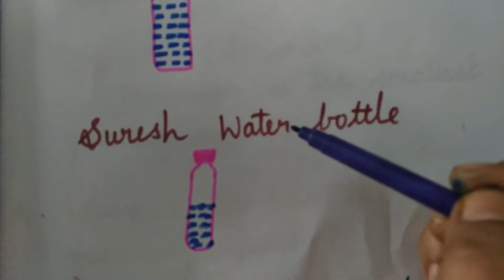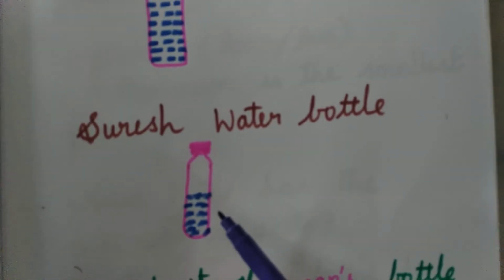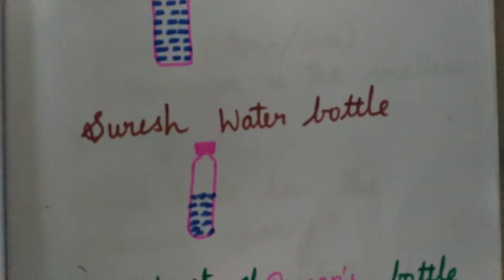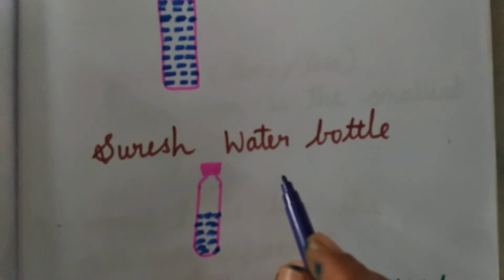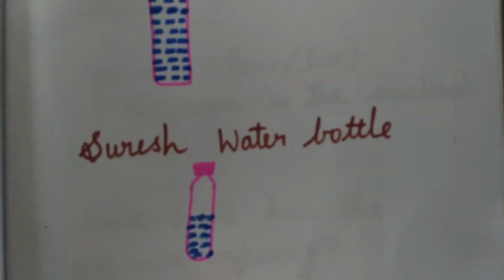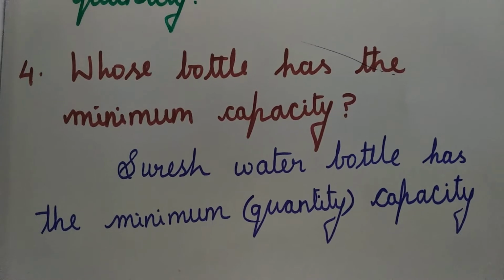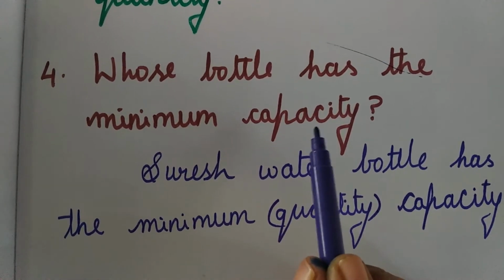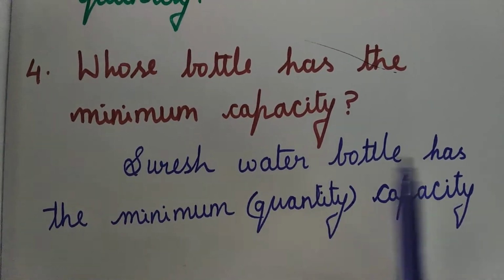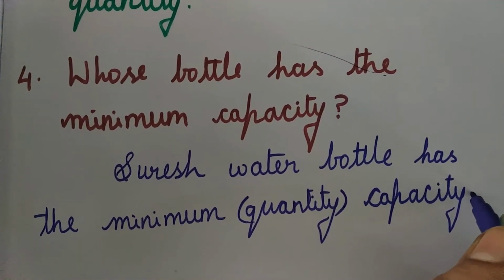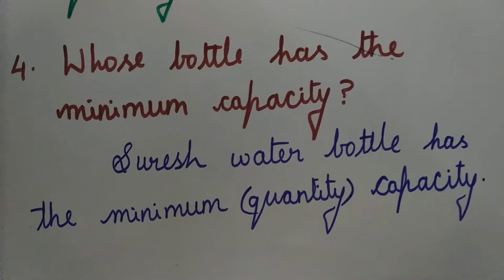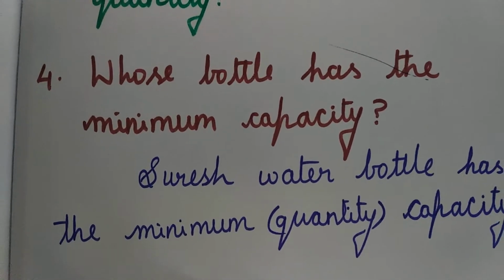Suresh's water bottle is less when compared to Raman's bottle. So Suresh's water bottle has the minimum quantity. So whose bottle has the minimum capacity, Kanna? Suresh's water bottle has the minimum capacity. We are comparing those two persons' water bottles and just writing.